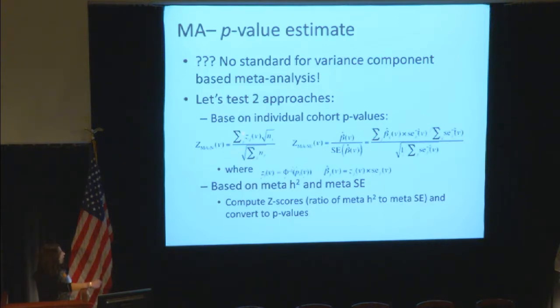Take the z-scores and weight those by the number of subjects in the individual groups. And also another approach is looking at the standard error meta-analysis, converting to z-scores and weighting by the standard error. These are based on the individual cohort values themselves. The second method just computes the z-scores based on the ratio of the meta-analyzed heritability to the meta-analyzed standard error. And we convert those to p-values to look at the significance.